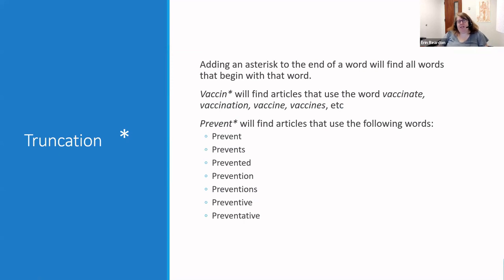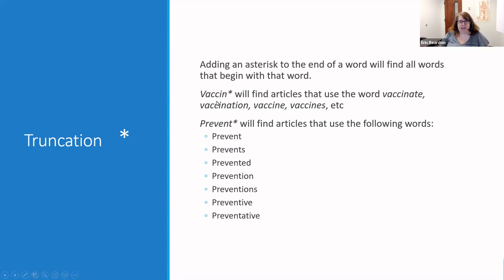So truncation is a way to simplify your search a little bit, and also to open up more options in your search strategy. It's a little bit tricky and it takes some practice to get used to. Truncation is when you cut off the end of a word and put an asterisk there, and it will find all of the words that begin with that stem.